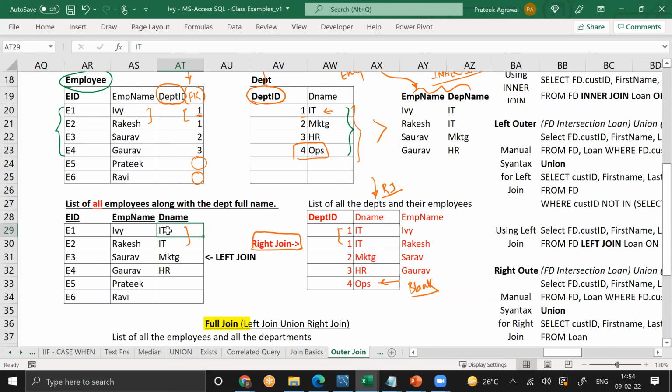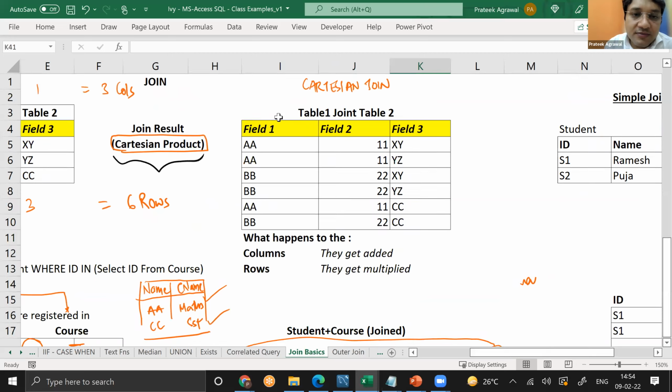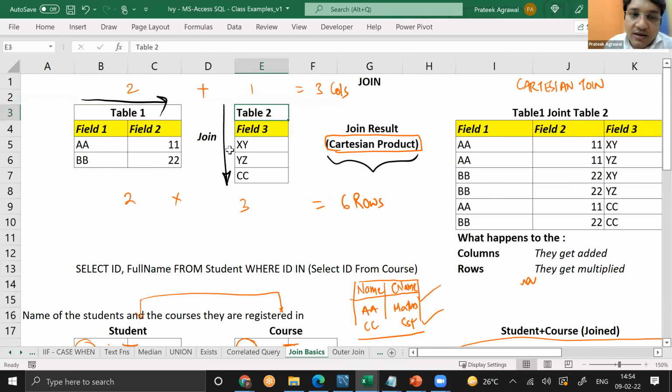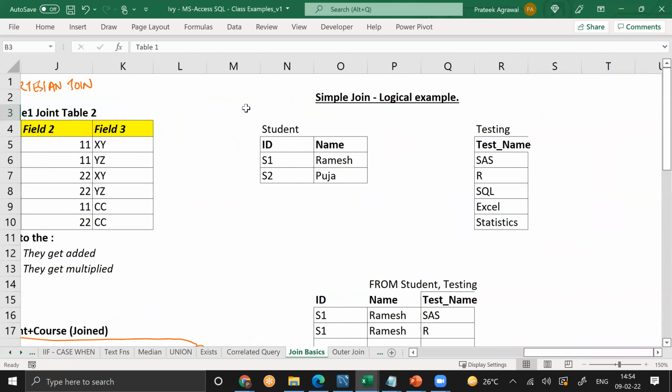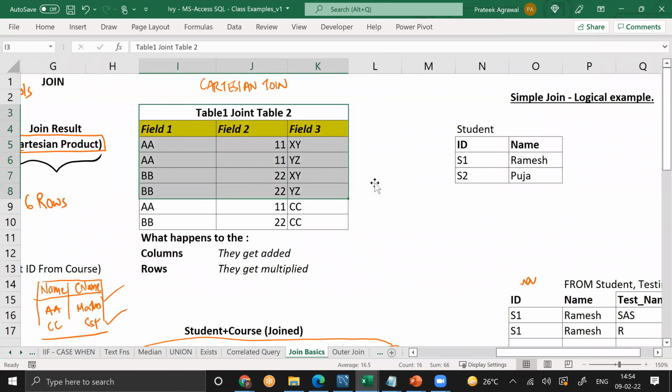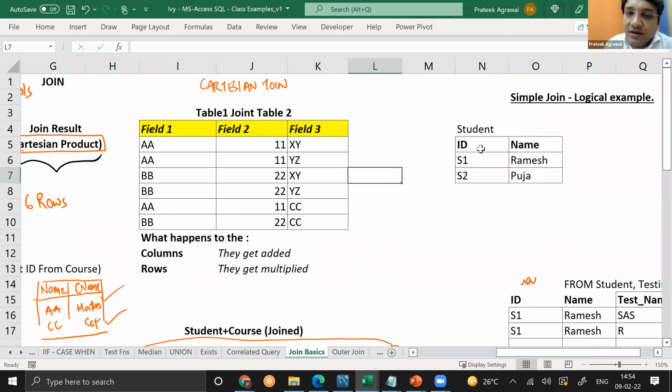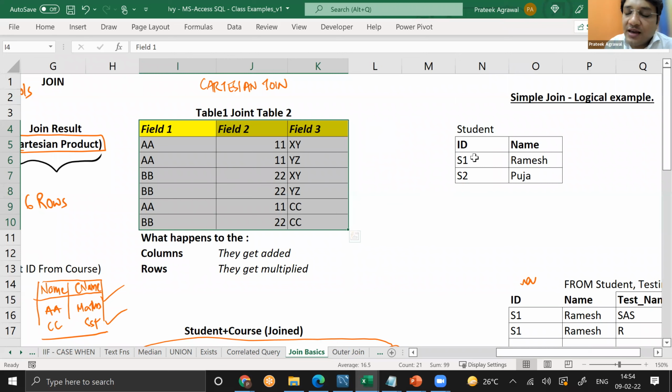Okay. It's tough to understand. Tables 1 and 2 will join first. Let's say these are the 2 tables. So they will join first, and the output is this. Let's say there is a 3rd table. Now this output will join with the 3rd table using the same operation, like how we had discussed about Cartesian join.